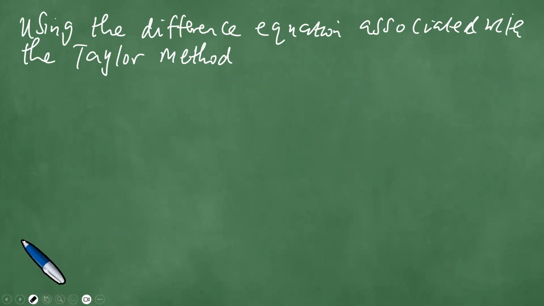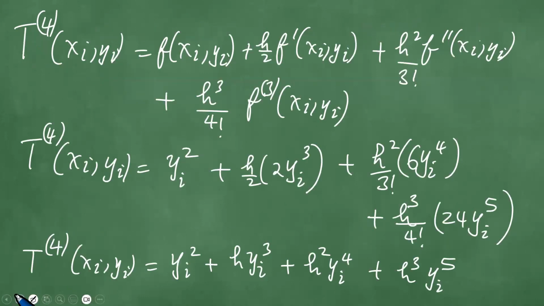It doesn't matter. So we take this one and we plug it into the formula. What is the formula? The difference equation for the Euler. We need to remember this one now because we're going to use it to do a couple of things.